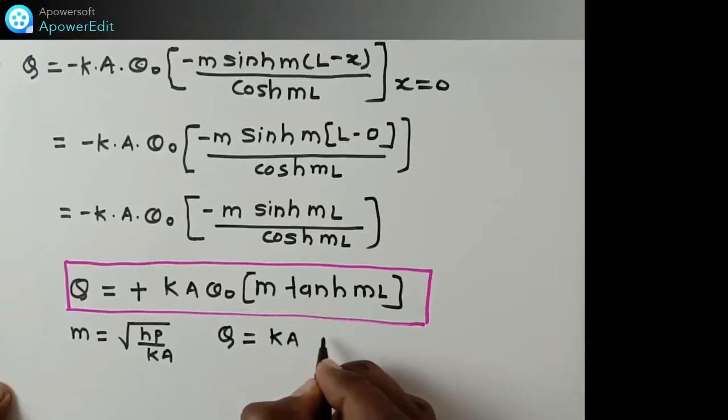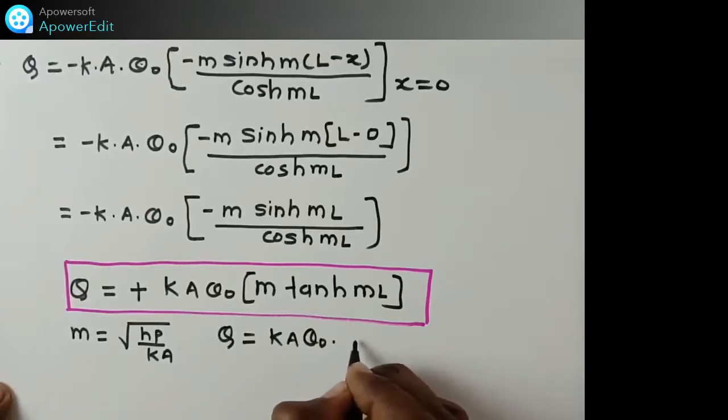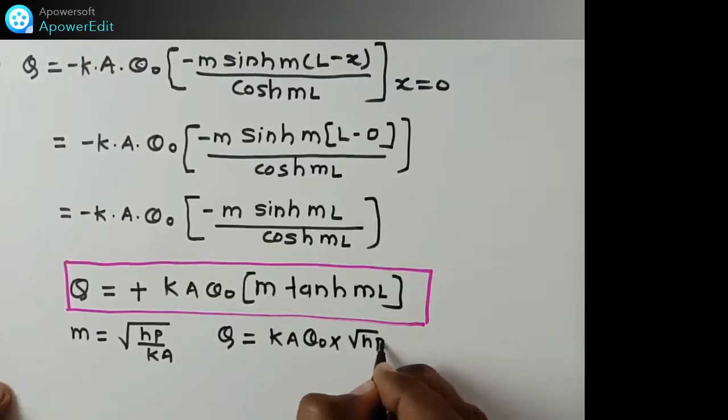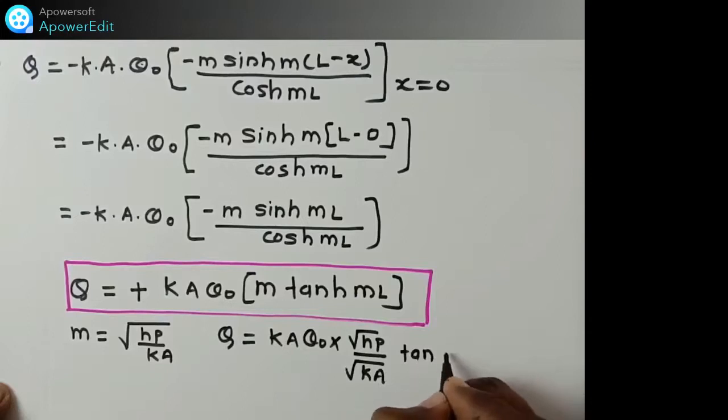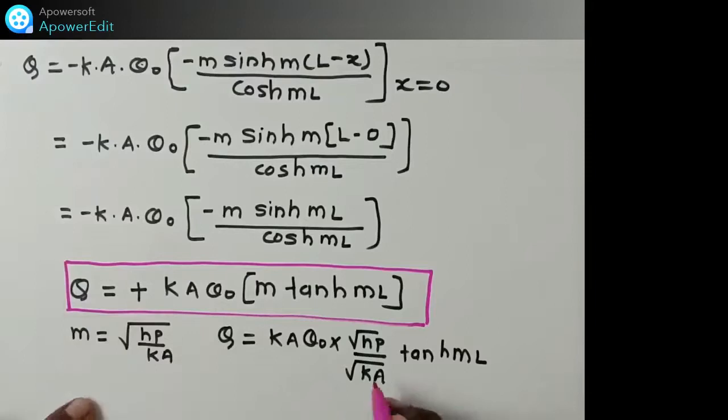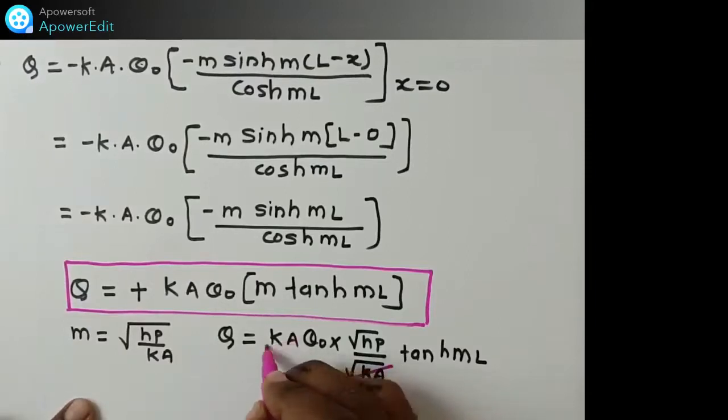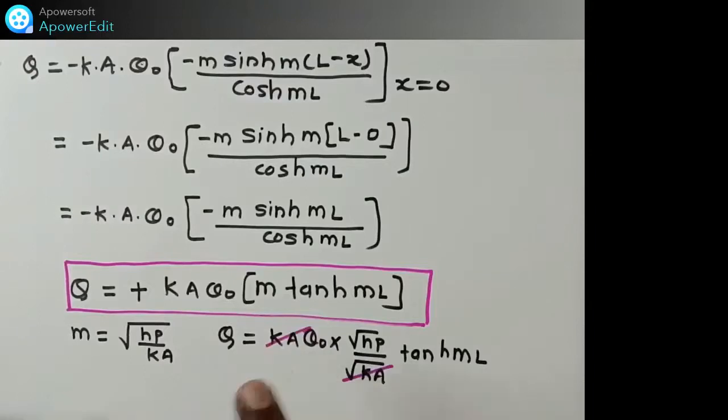So kA theta 0 into square root of hP divided by square root of kA, tan h ml. In this case, the square root of kA will get cancelled with this term.